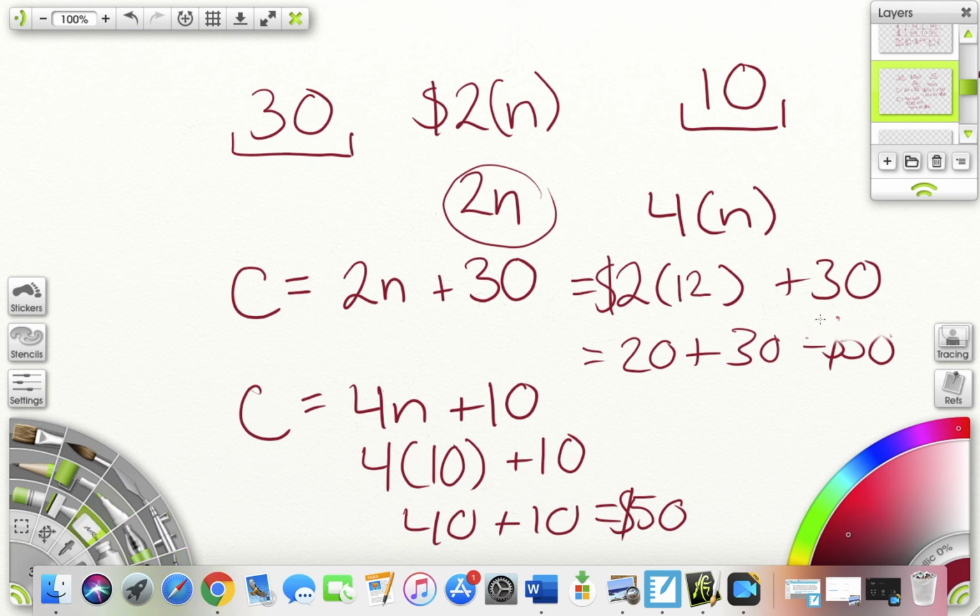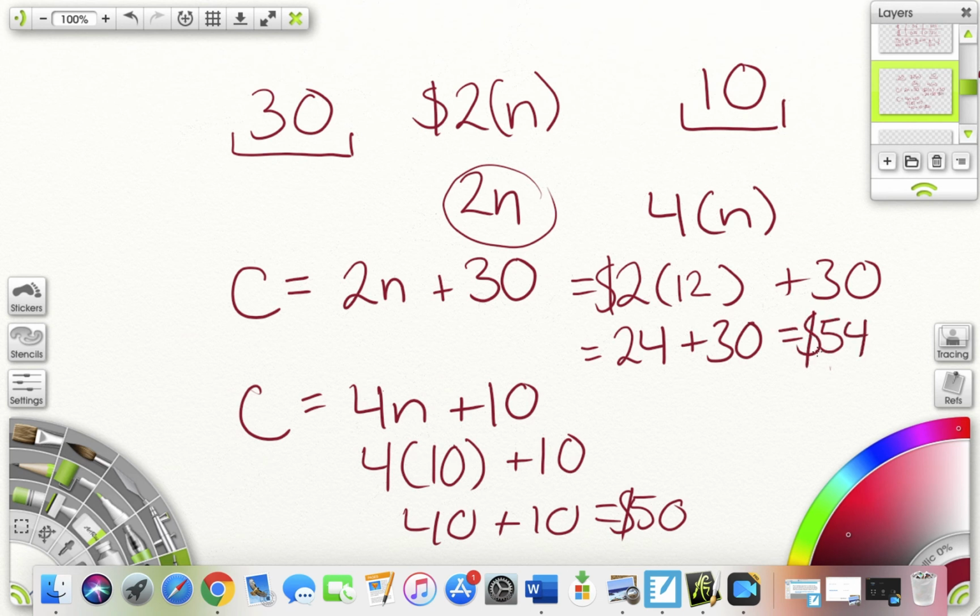So let's find out how much it's going to cost me. So 2 times 12 equals 24 plus 30 equals $54. It would cost me $54 if I took option A and watched 12 movies.